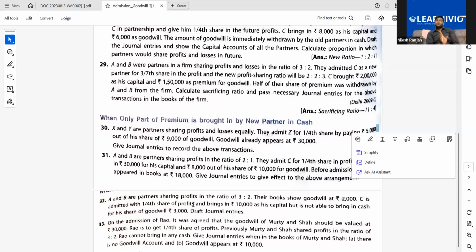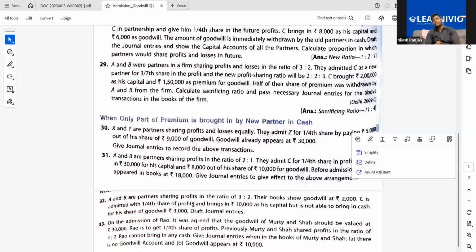Now the next case, when no goodwill is brought by the partner, question number 32. You have to solve this question, everyone. Solve it and tell me the journal entry.